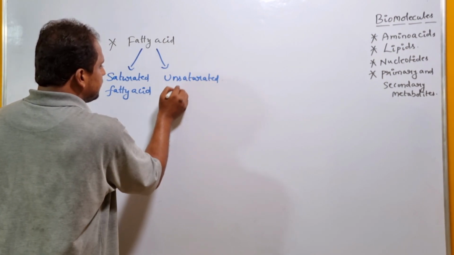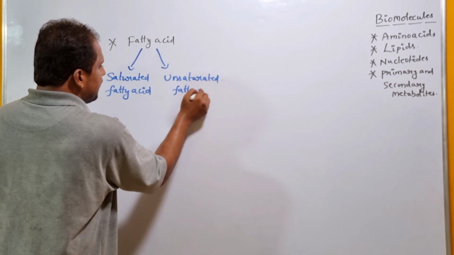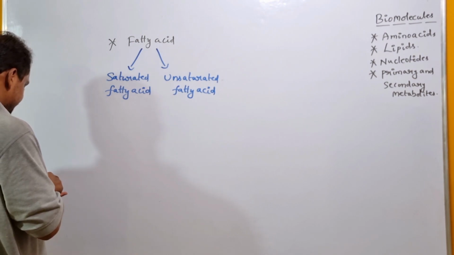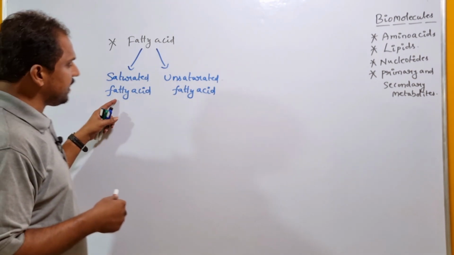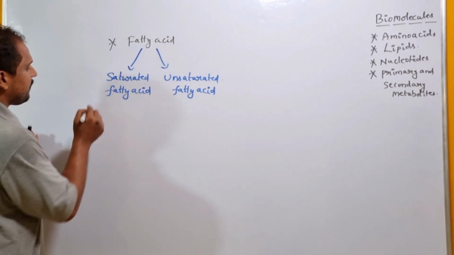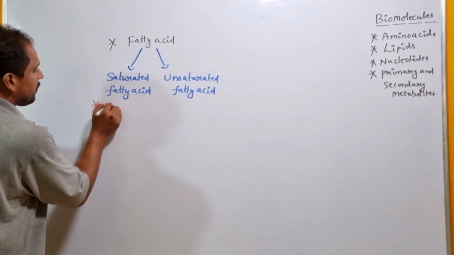So at first, if we consider saturated fatty acids, what are saturated fatty acids? In case of saturated fatty acids, there are no double bonds. Is it clear? In case of saturated fatty acids, no double bonds are present.